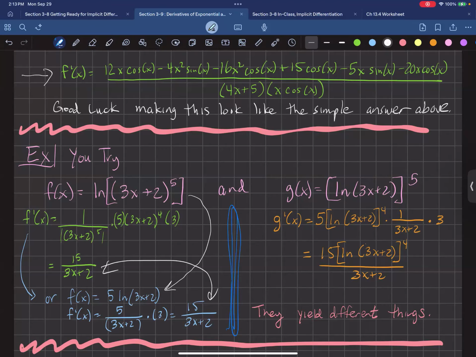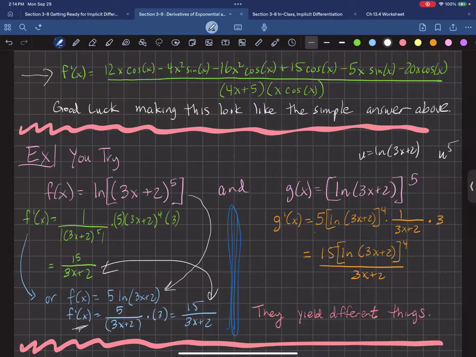These are the same. On the right one, the 5 is on the outside of the natural log, so you can't bring the power down. Not like the properties of natural log, not like I did here. Can't do it like we did here. Just got to take the derivative as a chain rule. This is like having a u equals ln of 3x plus 2 on the inside, and we're doing u to the 5th.